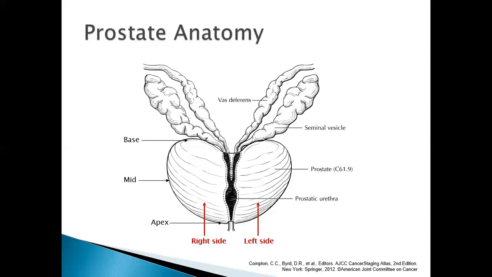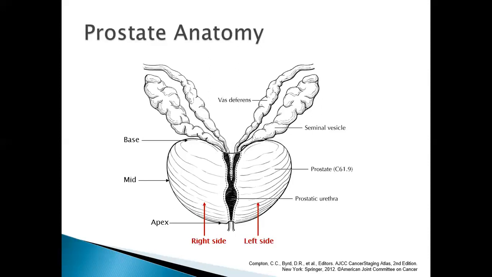When staging a prostate case, especially when they're doing that DRE, the physician will talk about the left side and the right side, okay? However, that does not mean that the prostate is a paired site. It is not a paired site, okay? But there is a left side and a right side to the prostate gland. It's one organ.